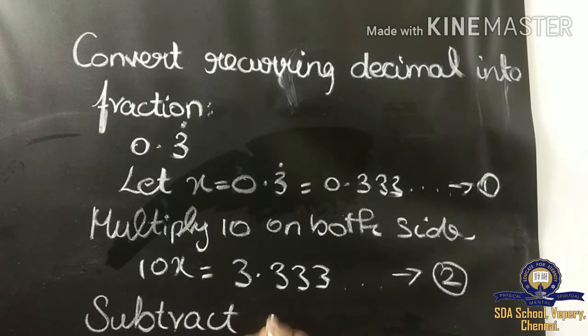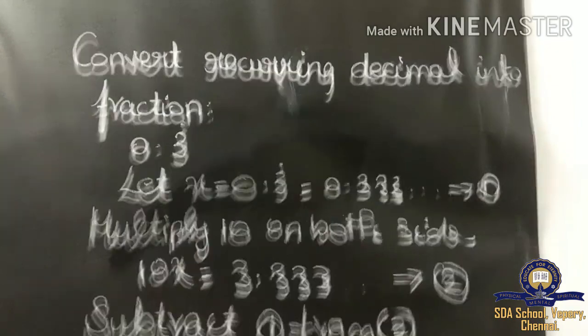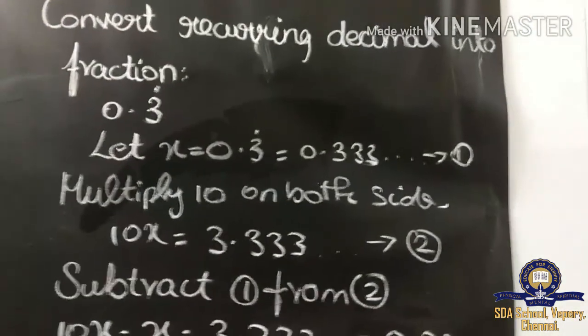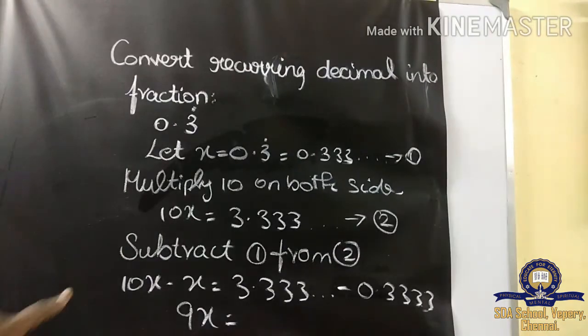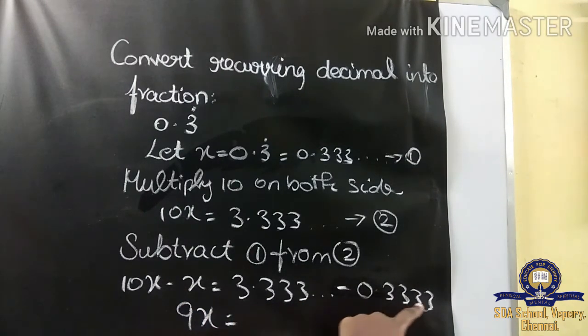If you subtract 1 from 2, 10x minus x is equal to 3.333 and so on minus 0.333.